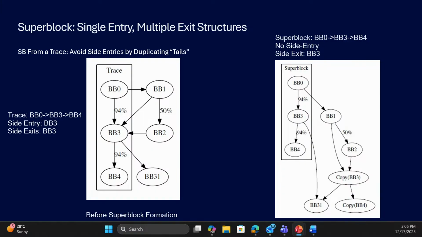Why do we need a copy of BB4? Because let's take this off-trace path: BB0, BB1, BB3, BB4, BB0, BB1, BB3 and BB4. This path is not there, right?